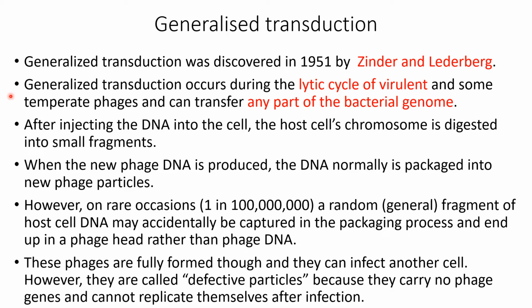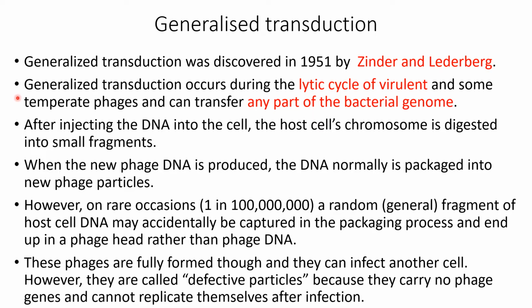I already told you what virulent phages are, and you also know already what a lytic cycle is. So usually this type of gene transfer happens during the lytic cycle of virulent phages. Sometimes temperate phages also can carry it out, but very commonly it is seen in the lytic cycle. And why is it called generalized transduction?